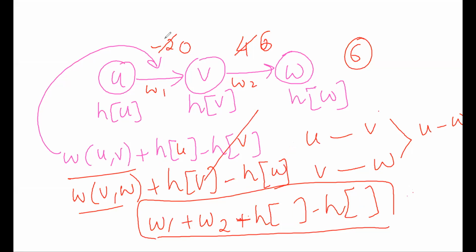In any case, HV will get cancelled, and you get this as the weight of the path. This is not the actual weight. This is how the paths get modified when you apply Bellman-Ford with the fake source, and this will be the weights of the paths or the edges.